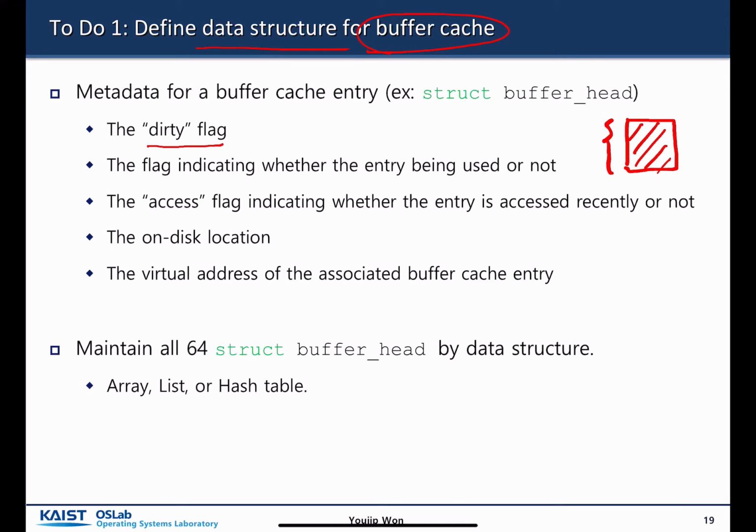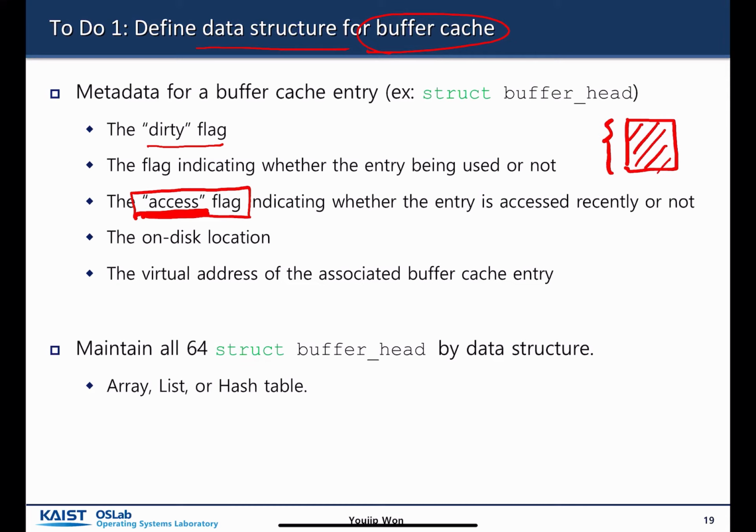And of course, we have to introduce the access flag. So it indicates whether the entry has been accessed recently or not. This access flag is used for the victim selection. When the operating system has to select one of the buffer cache entries to make a room for the new one, then there has to be a mechanism to distinguish hot blocks from the cold blocks. Hot blocks means the buffer cache entry that is being accessed actively, and cold buffer cache entry is the one that has not been used recently.